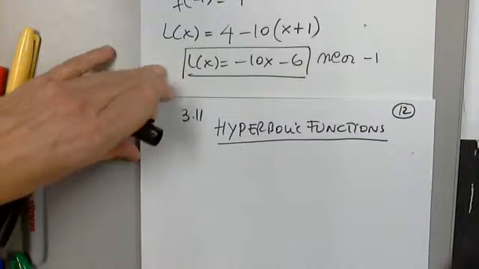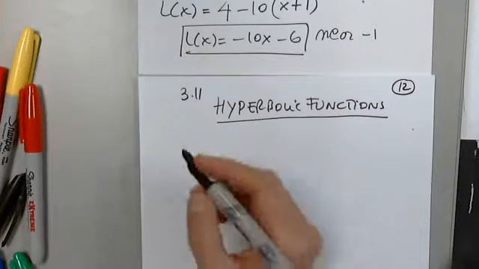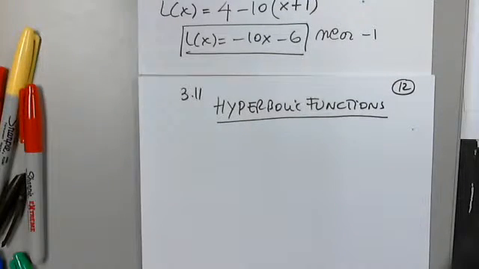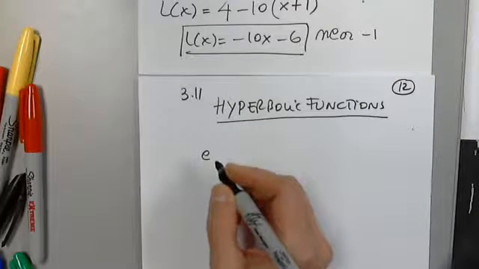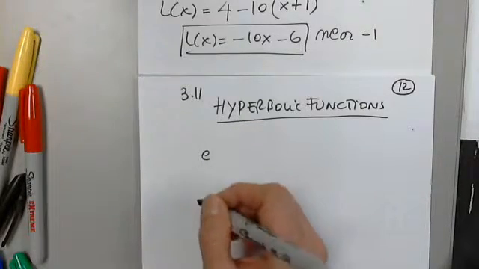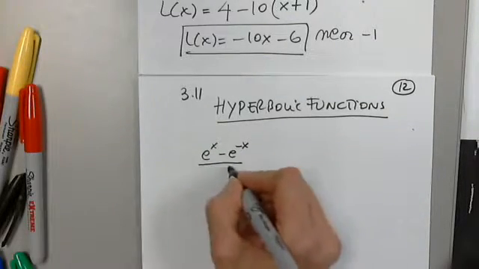We're only going to look at 3 hyperbolic functions: hyperbolic sine, hyperbolic cosine, hyperbolic tangent, and their derivatives. Okay? So how did they come up with this? Well, they looked at the functions that have a component of e to the x. So e to the x minus e to negative x divided by 2.